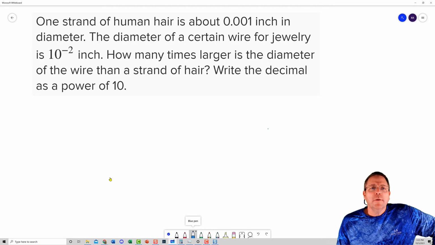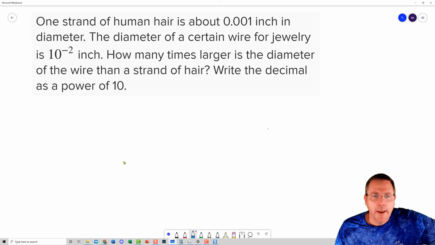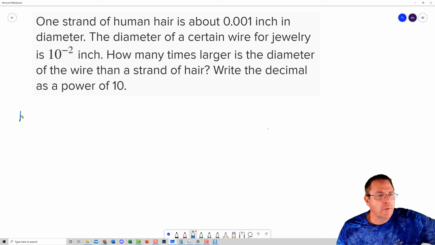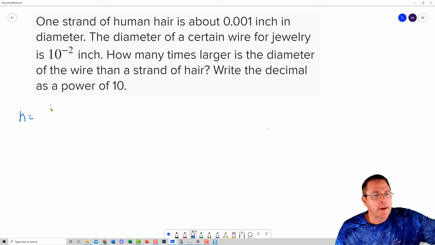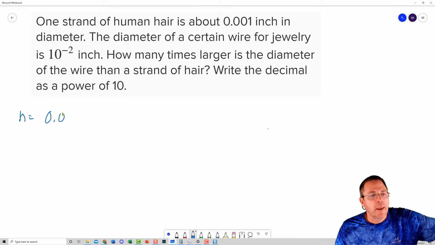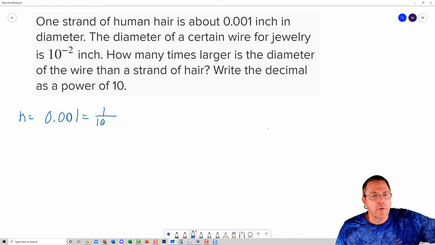Now this problem is fairly complicated, but I'm going to run you through it here. Okay, let's start off with the hair. We're going to call the hair H, and they said that is going to be 1/1000th of an inch. Well, you could rewrite that as 1 over 1,000, and from there you could say, well, that is the same thing as saying 1 over 10 times 10 times 10.